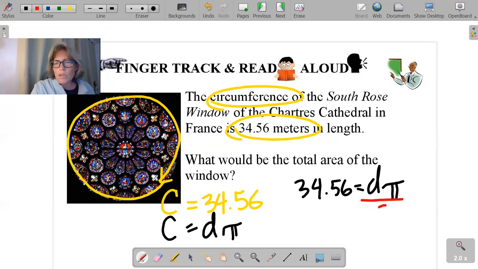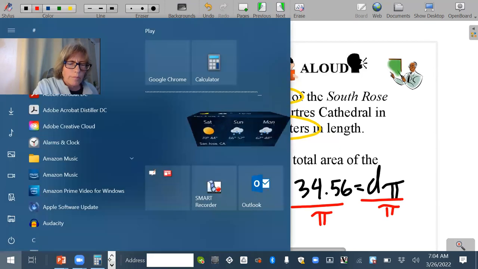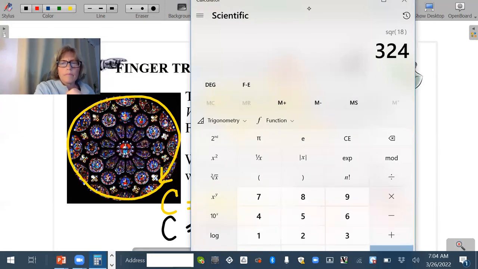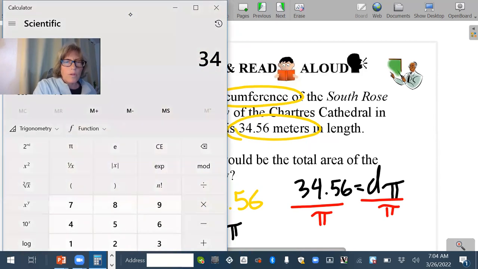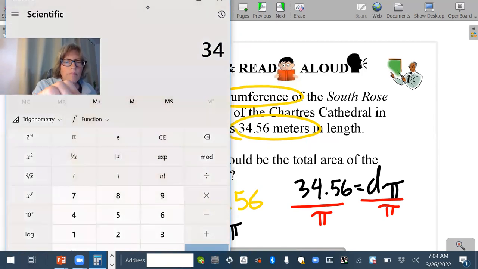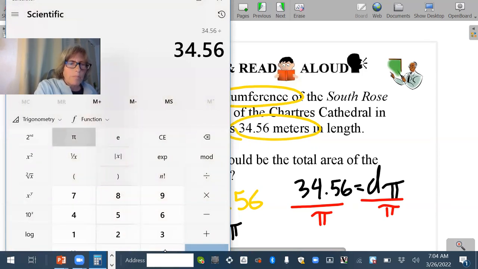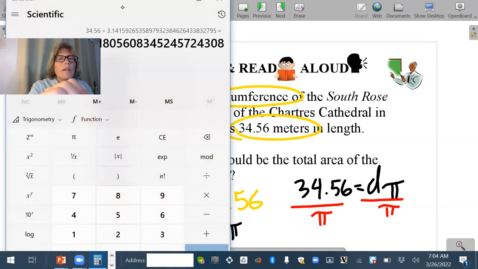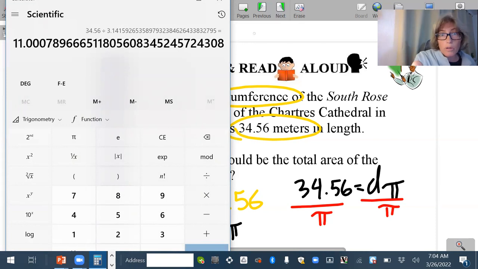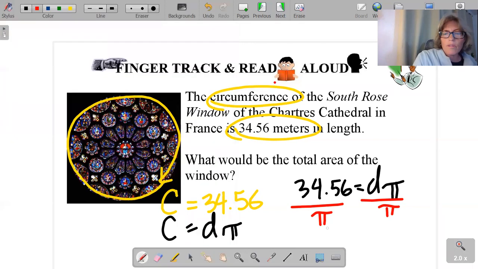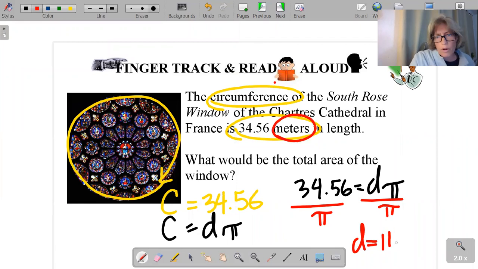To solve, I'm going to divide both sides by pi, and that's going to give me my diameter. 34.56 divided by the pi symbol. And you can see here that that's very, very close to 11, which we're just going to call it at 11. So our diameter is 11 meters, which is very large.